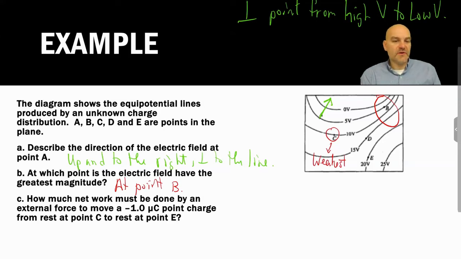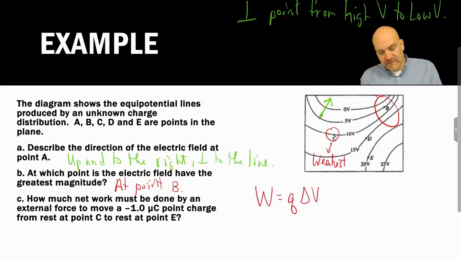Last question: how much net work must be done by an external force to move the negative 1 microcoulomb point charge from rest to point E? We use work equals Q delta V. The charge needs to be in coulombs, and micro is 1 times 10 to the negative 6. Then delta V goes from C to E: our initial is 20 volts and our final is 10 volts.